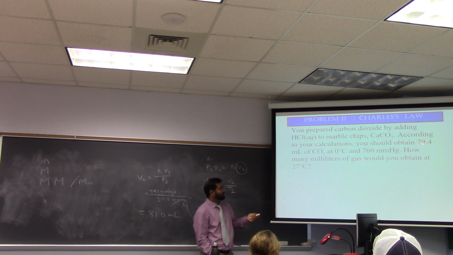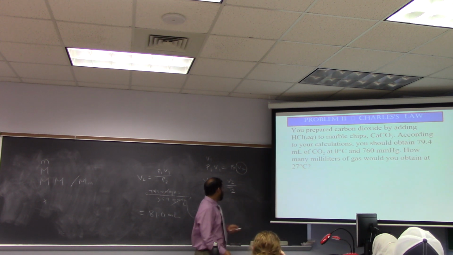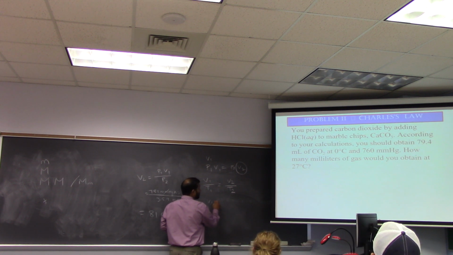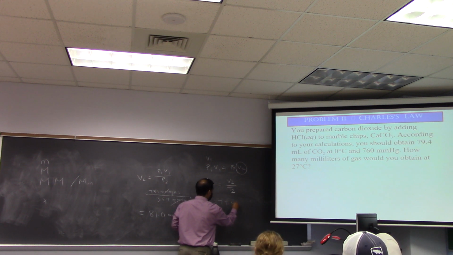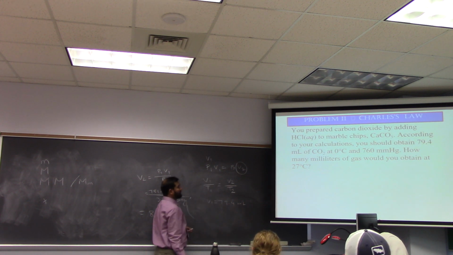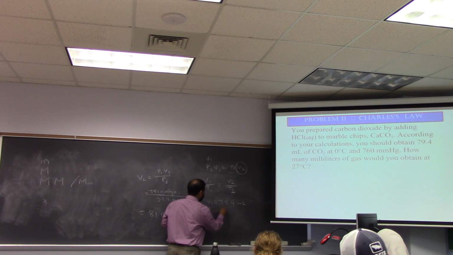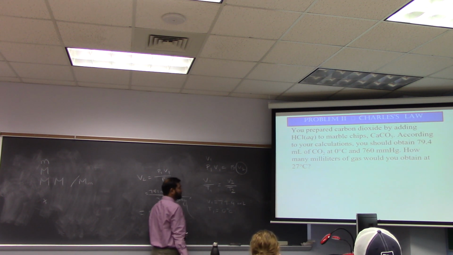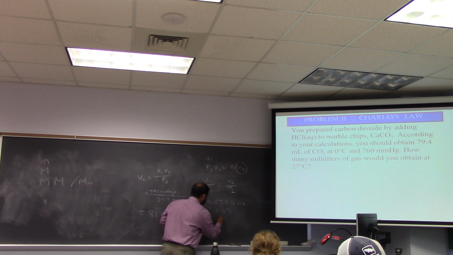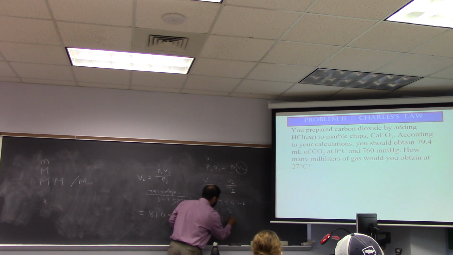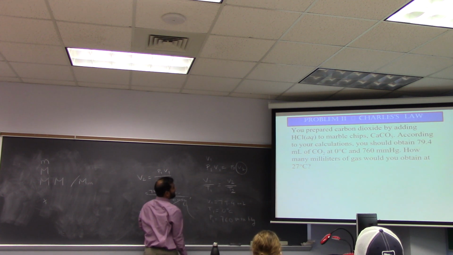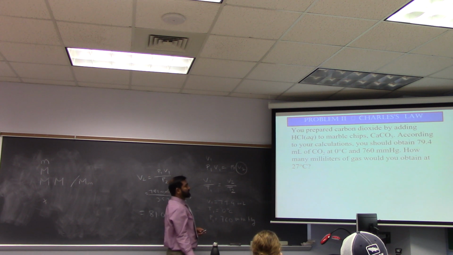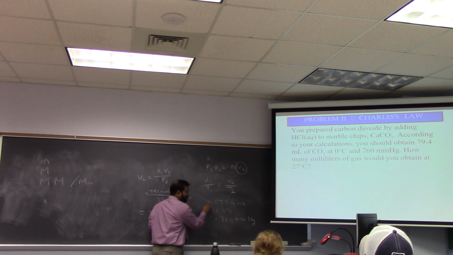So you have the volume 79.4 of carbon dioxide. So you have V1, which is 79.4 milliliter, and then T1, which is 0 degrees centigrade, and P1, which is 760 millimeters of mercury. And then how many milliliters of gas? That means volume. We got V1.